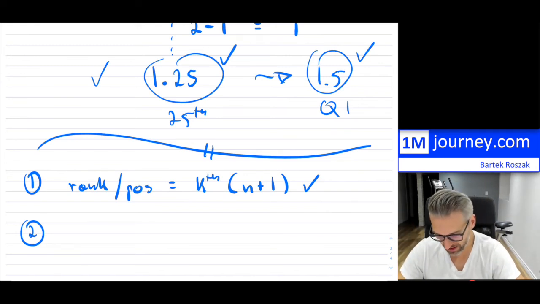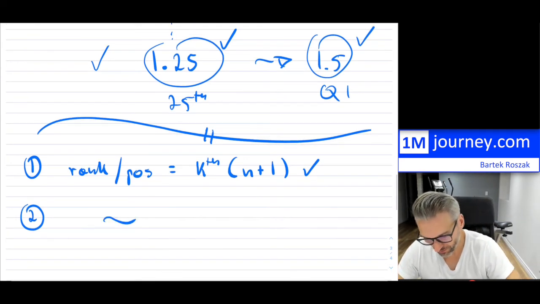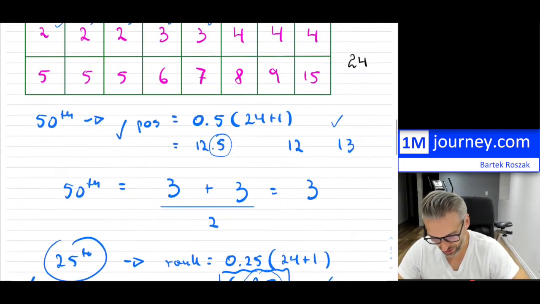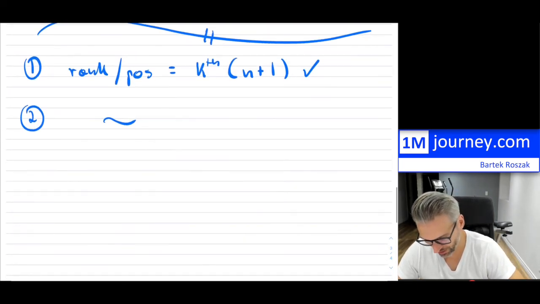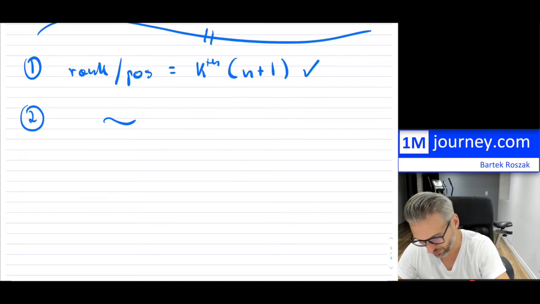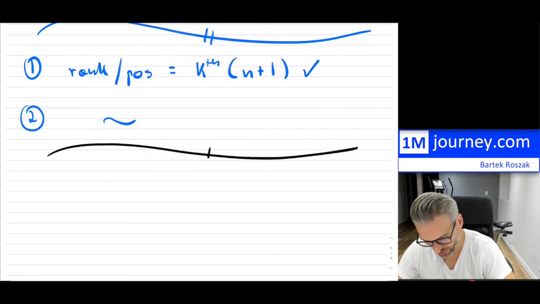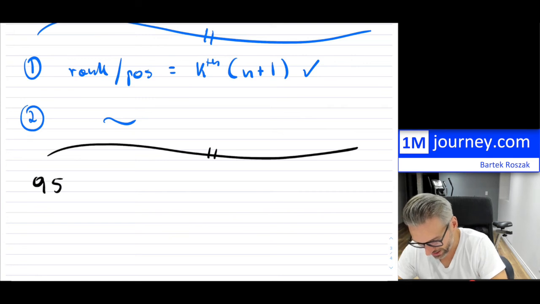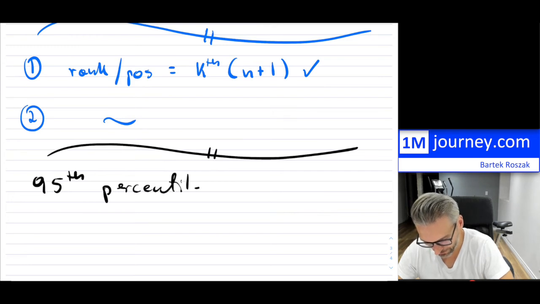So I'm going to pick something silly here. Out of these data points, it doesn't make sense because we have 24 data points, but I think it's going to show you the calculation so at least you can understand it. So let's say I wanted the 95th percentile to find the boundary in between.